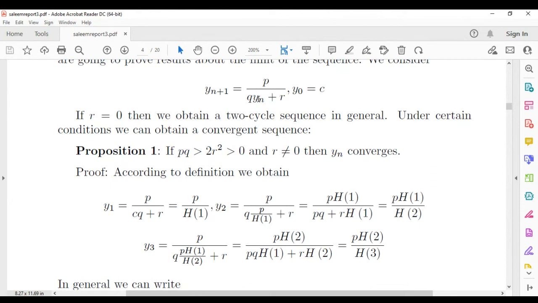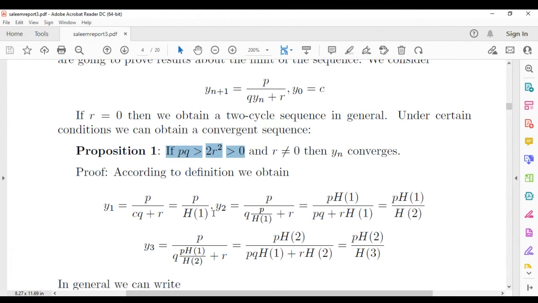P, Q are parameters, of course, in addition to R, and the initial condition is just C. Now, if R is 0, we obtain a very trivial case where the sequence is a two-cyclic sequence. Of course, in this case, a convergent sequence. If R is different than 0, and we have this condition satisfied, then yn converges. We will see at the end what is the limit.